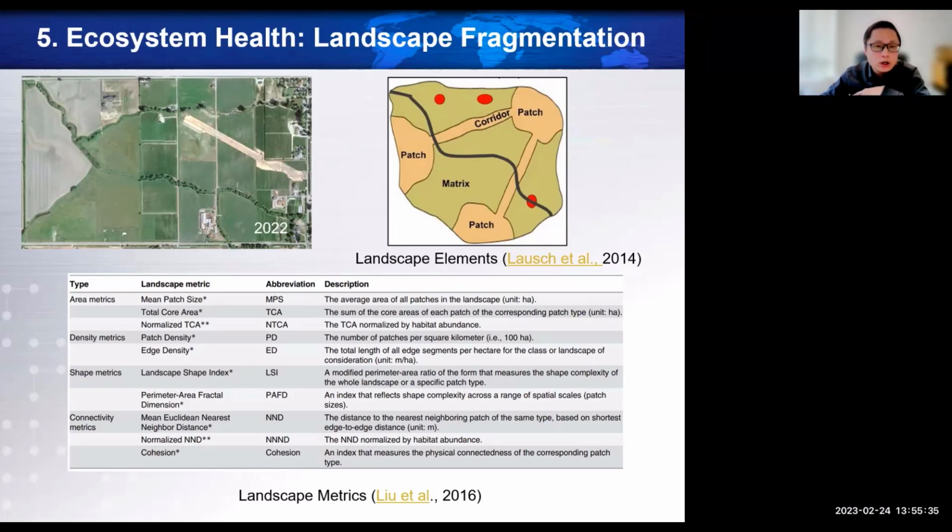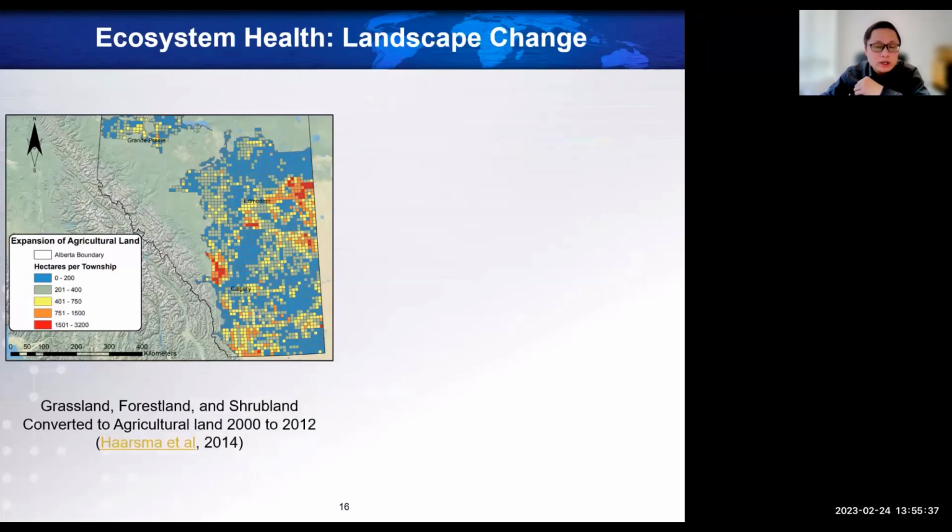Then also temporal analysis. Here is another example of temporal analysis conducted by researchers from the University of Alberta. They mapped the land cover in 2000 and also the land cover in 2012.